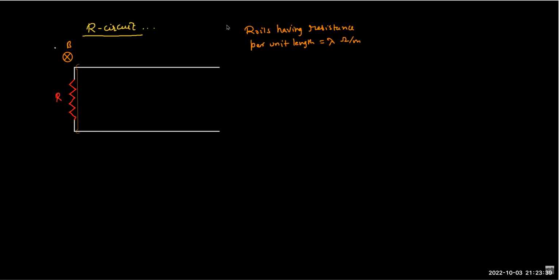And this is given a velocity v naught at t equals to 0. So after time t, this is somewhere here.